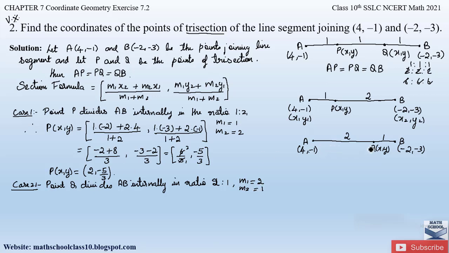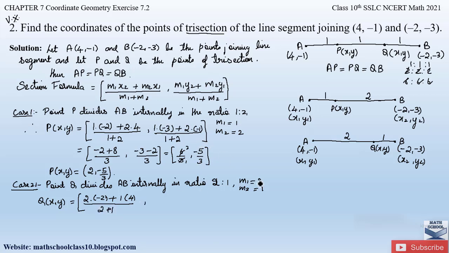So now let us find out the coordinates of point Q x comma y by applying the section formula. Again here point A will be x1 y1 and point B will be x2 y2. Right, so applying the section formula, what is m1 value? m1 is 2 into x2 is minus 2 plus m2 is 1 into x1 is 4 divided by m1 plus m2, that is 2 plus 1.